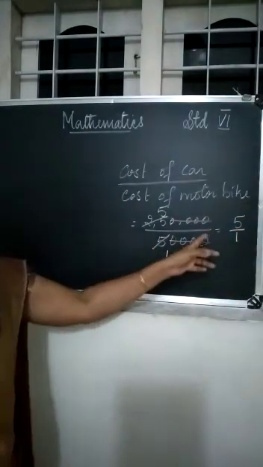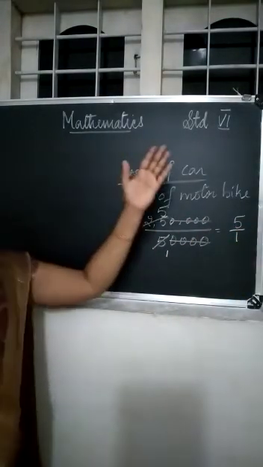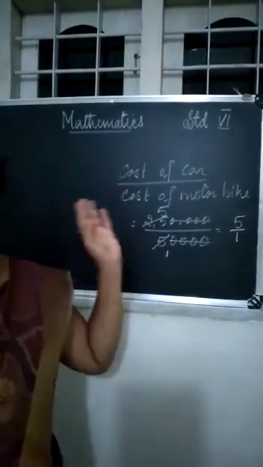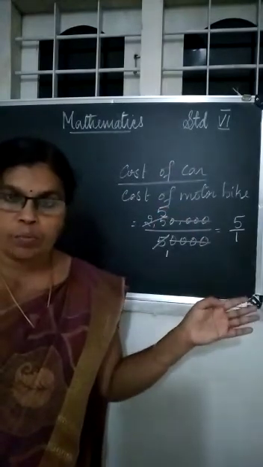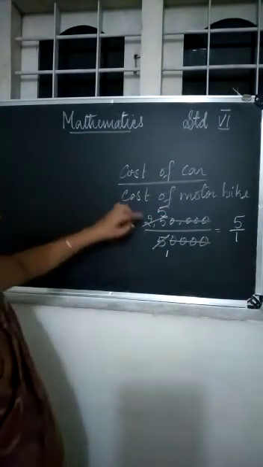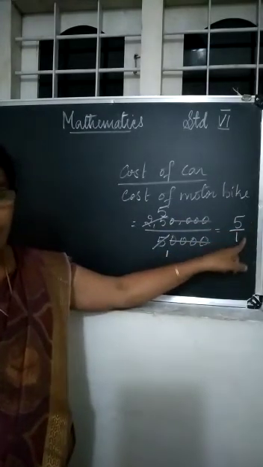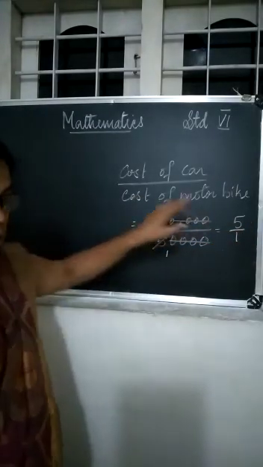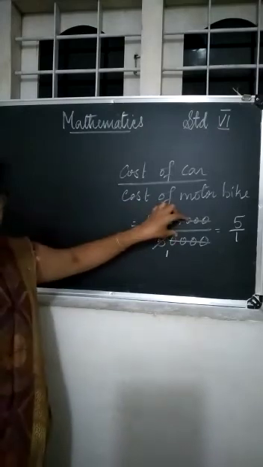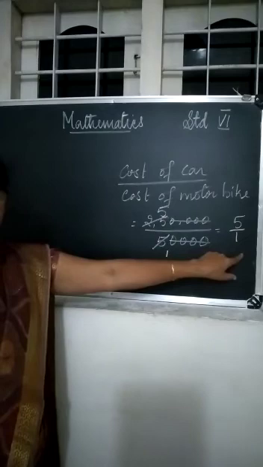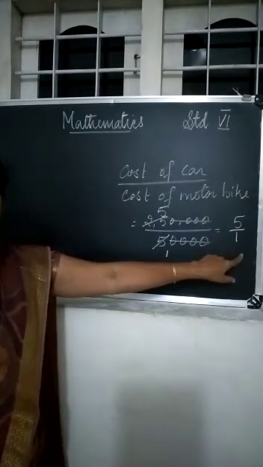So from this, in the first case we have compared by finding the difference, and we got the difference in the cost, 2 lakh rupees. And here when we divided, we got 5 by 1. From this it is clear that the cost of the car is 5 times greater than the cost of the motorbike.